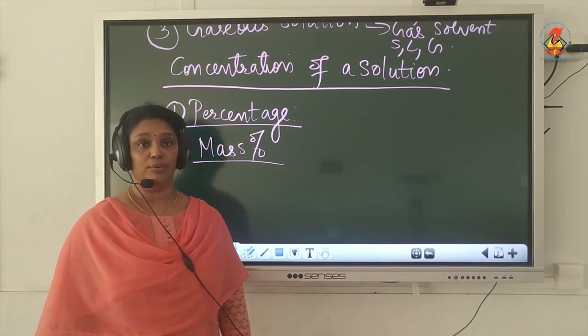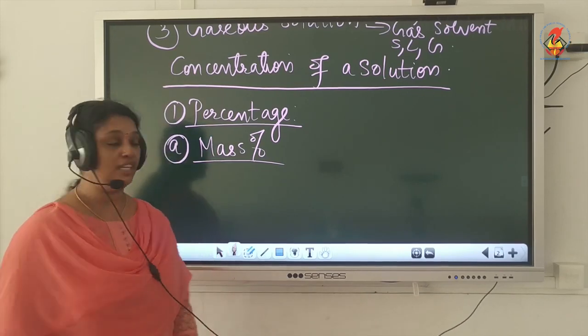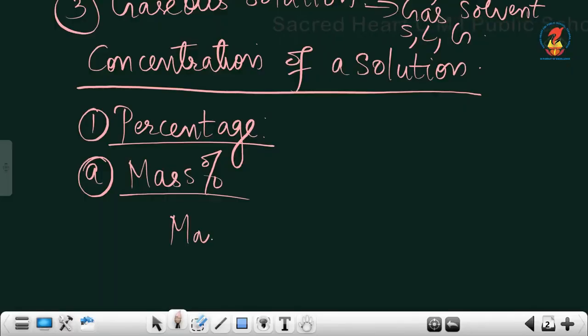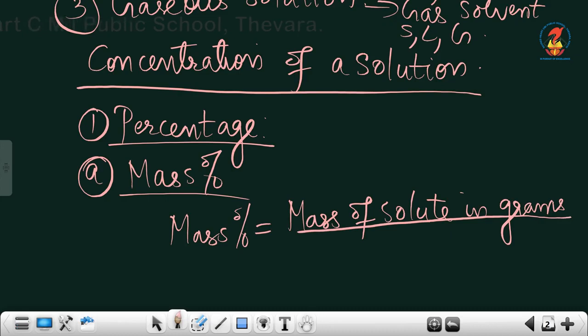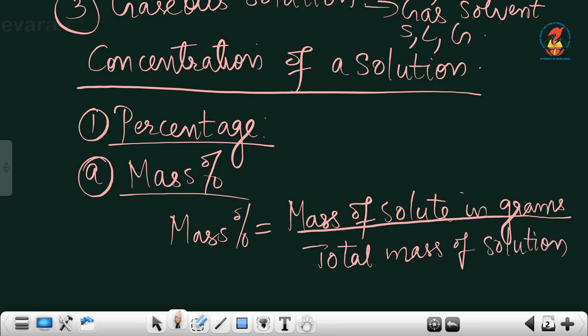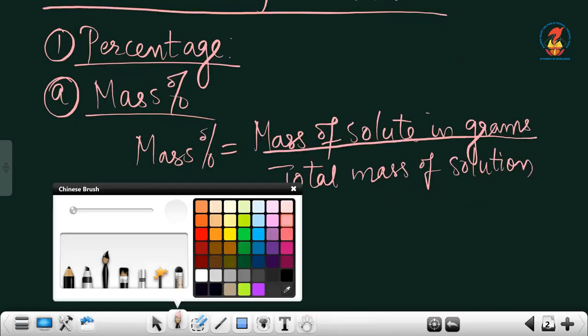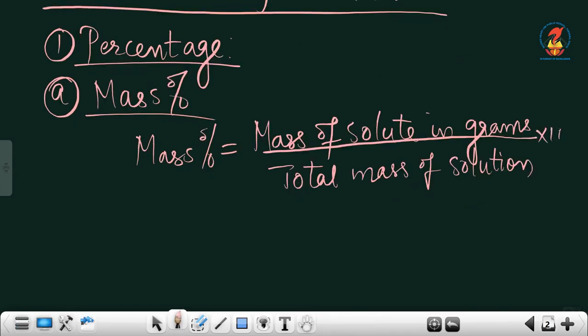So if we are to write an expression for mass percentage, we can write the expression as mass percentage is equal to mass of solute in grams divided by total mass of solution into 100.